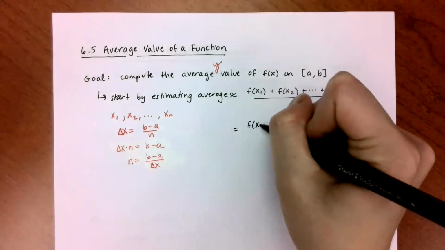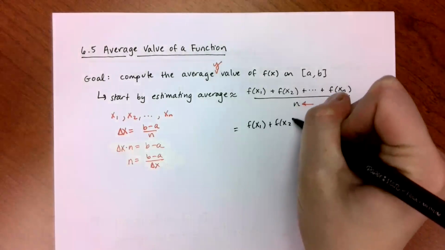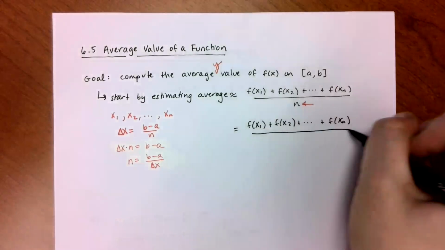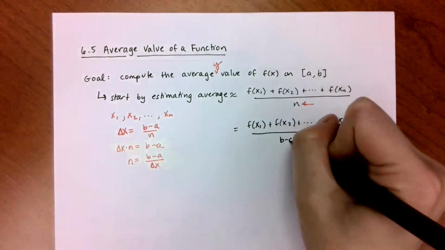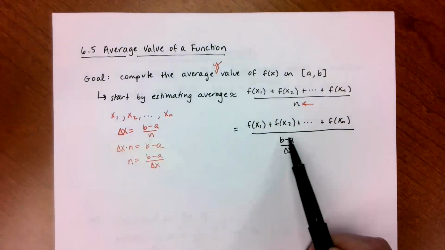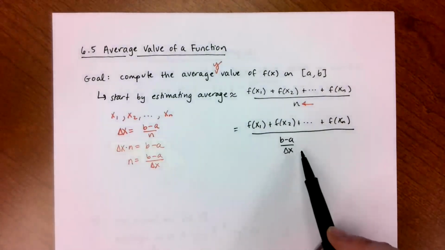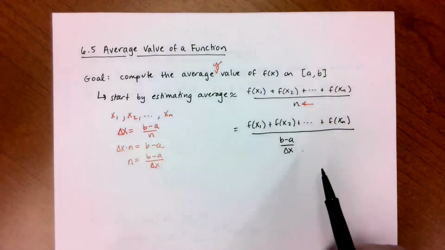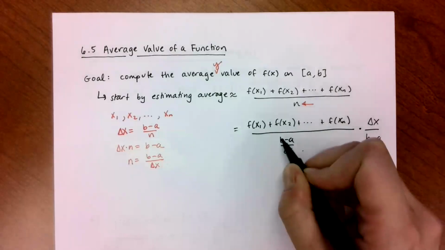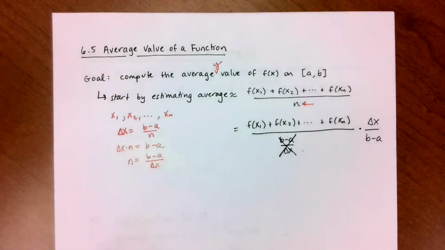So I have f of x1 plus f of x2, all the way until the last one, f of xn, divided by (b minus a) over delta x. Dividing by this fraction is the same as multiplying by it upside down. So I can rewrite this with times delta x over (b minus a), like that.